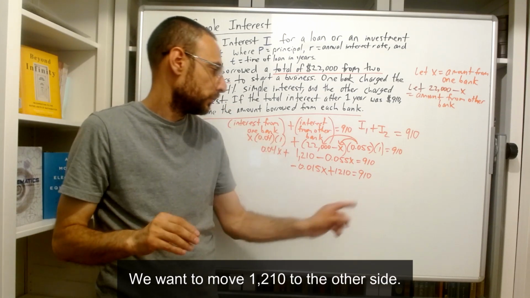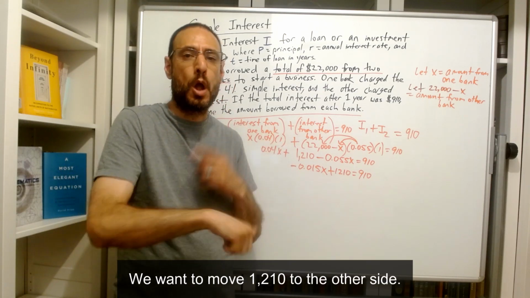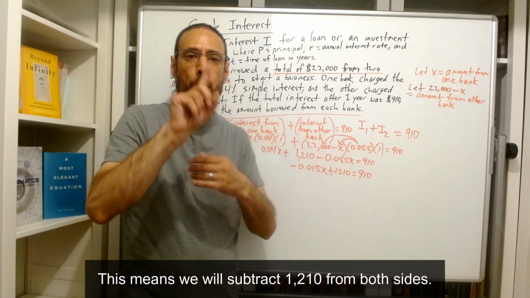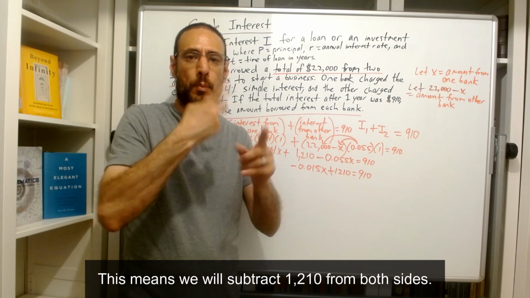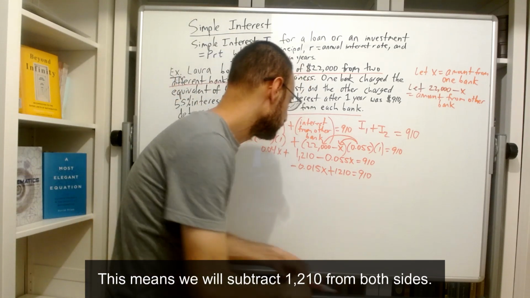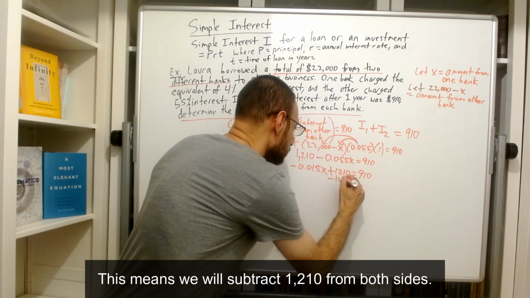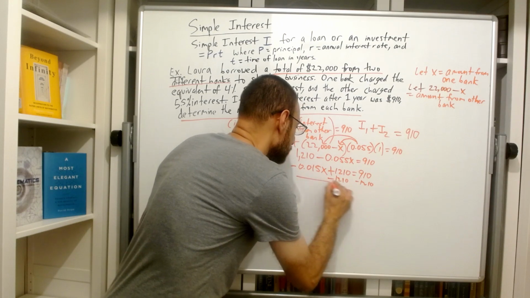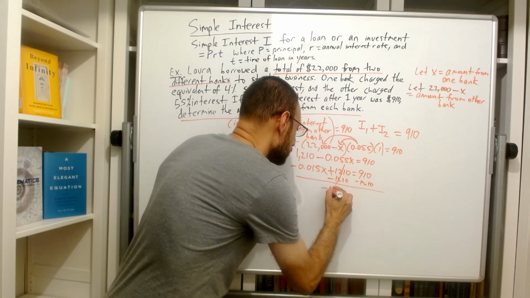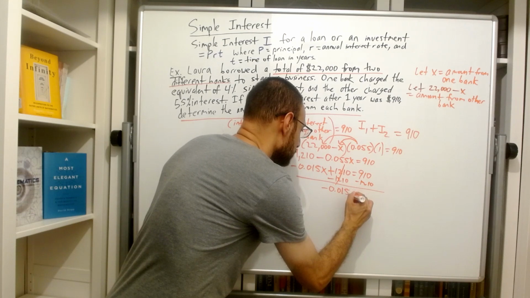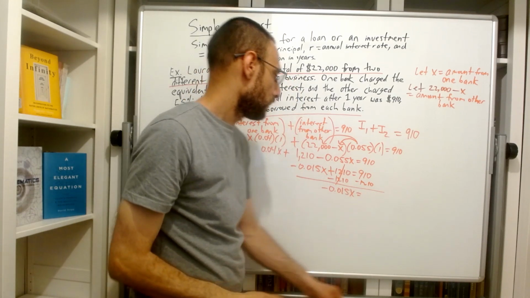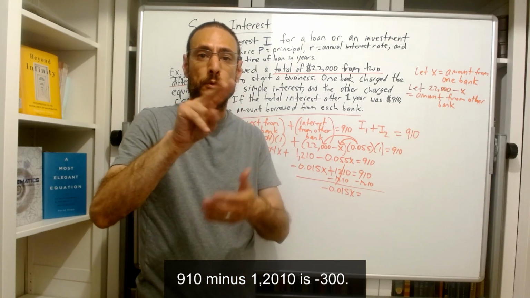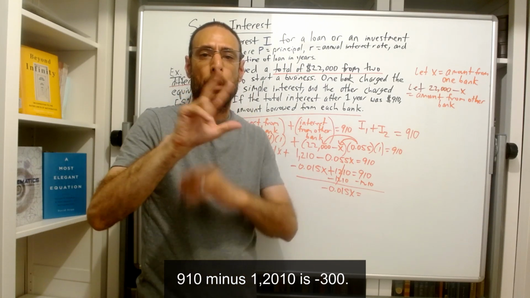We want to move 1,210 to the other side. This means we will subtract 1,210 from both sides. 910 minus 1,210 is minus 300.